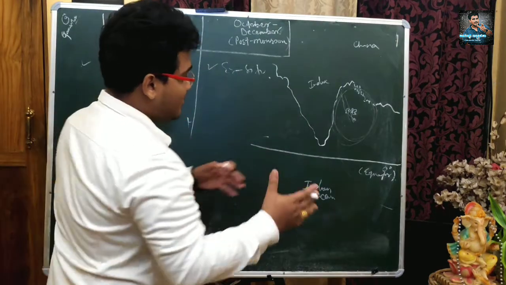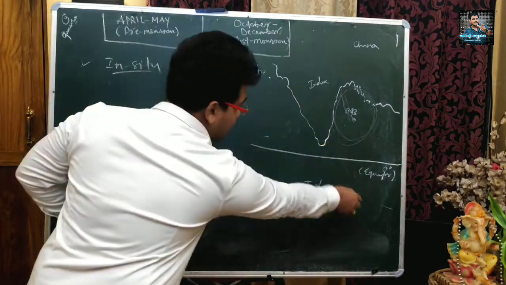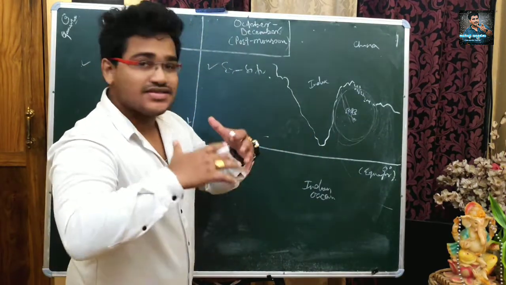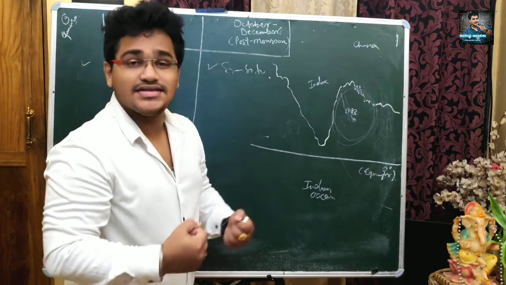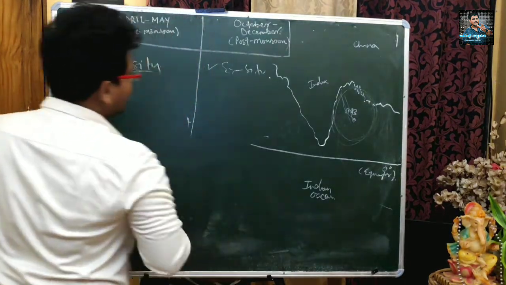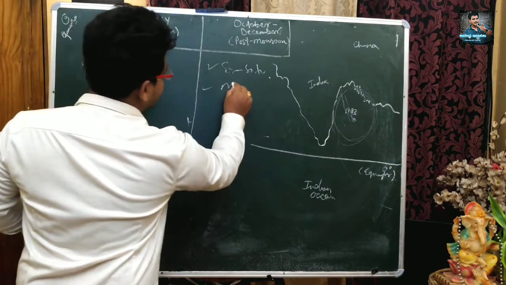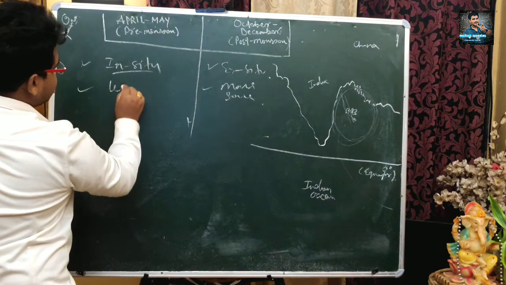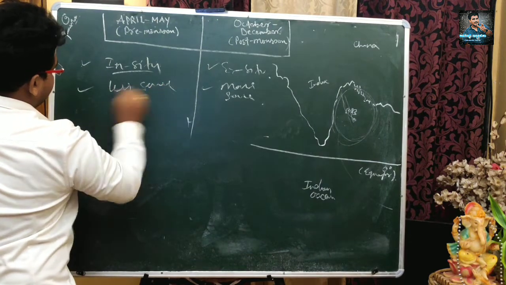It's because they travel a lot of distance. As a result they acquire more size as well as intensity, because they carry with them lots of moisture. So these are more severe and these are less severe.